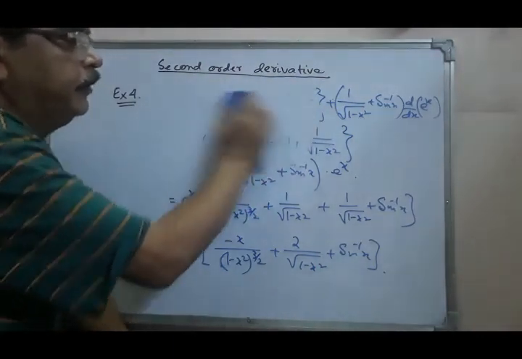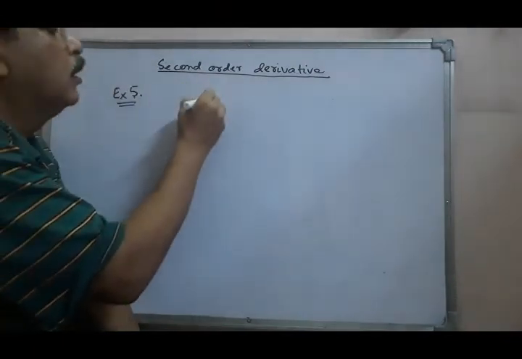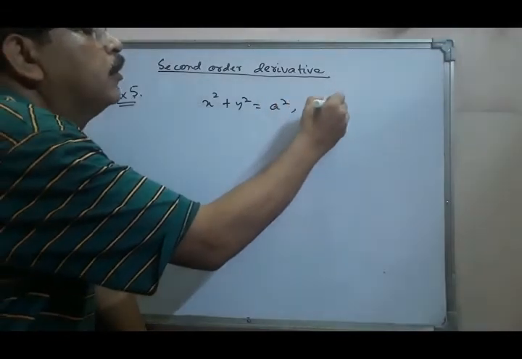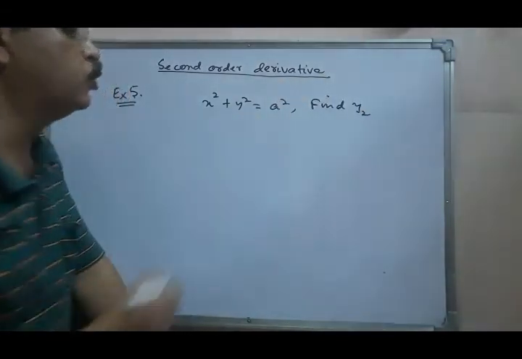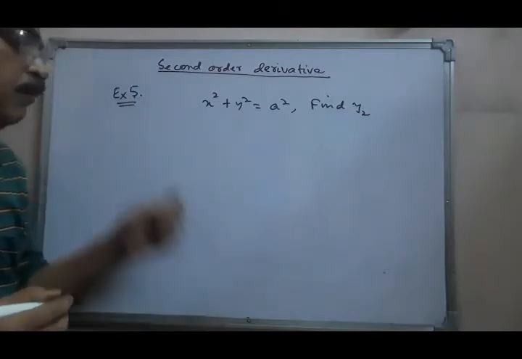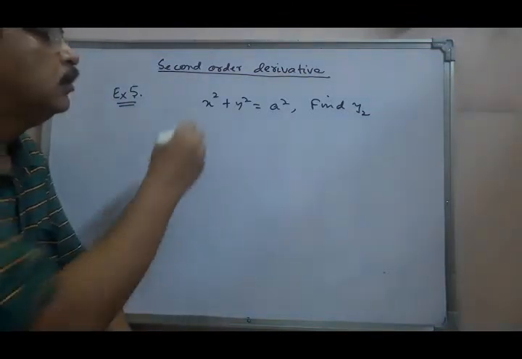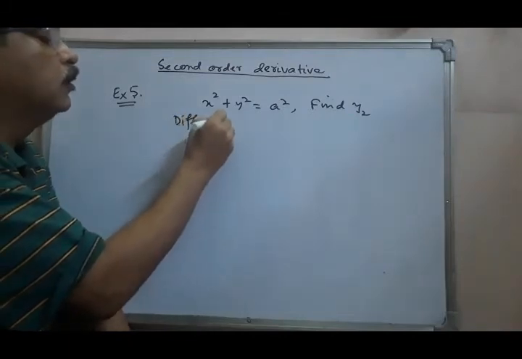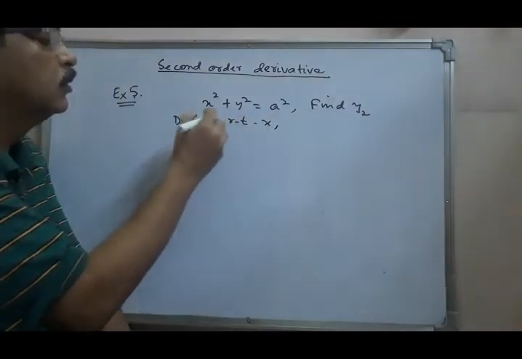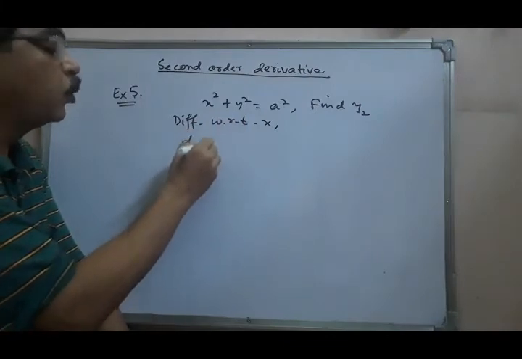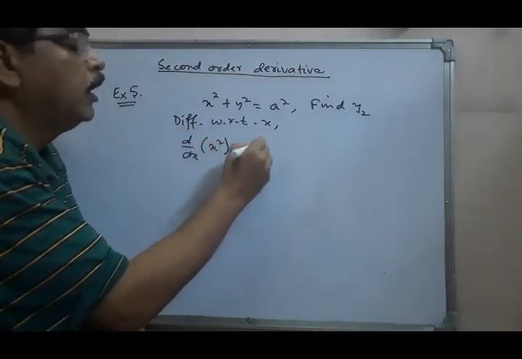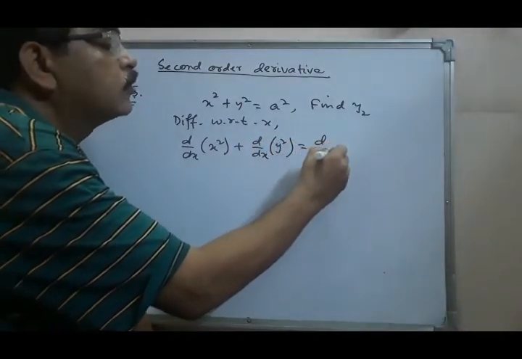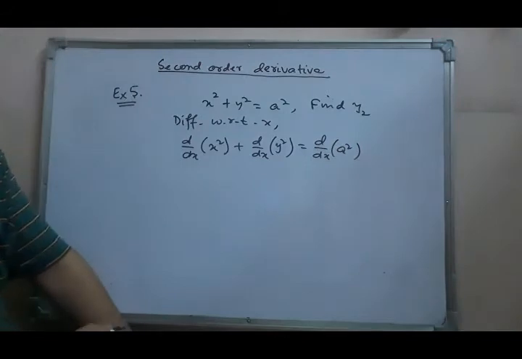Example 5. x square plus y square equal to a square, find y2. So this is an implicit function, we can use the method of differentiating with respect to x. So d dx of x square plus d dx of y square equal to d dx of a square.